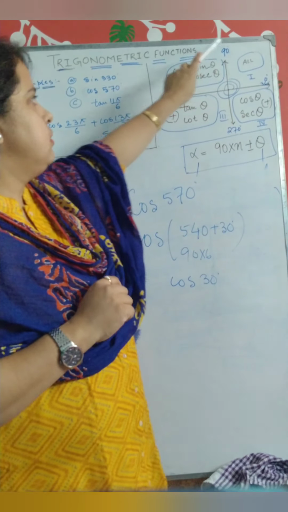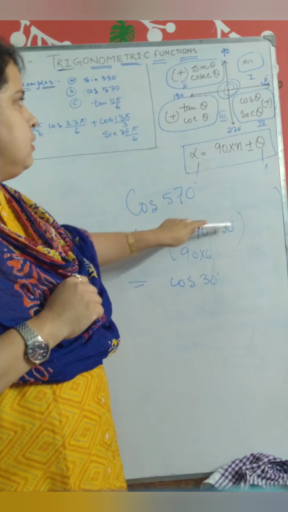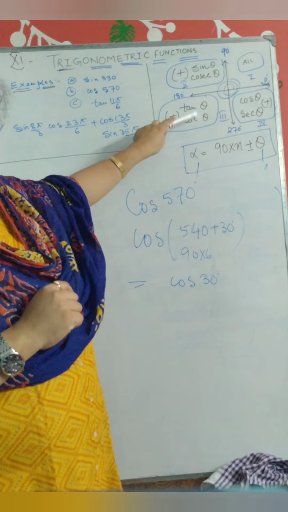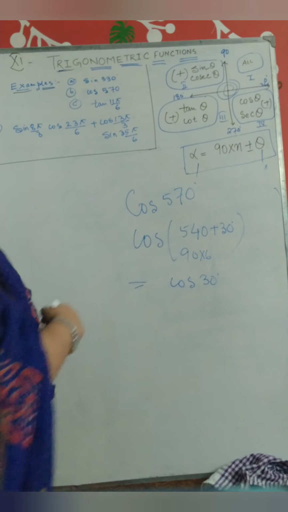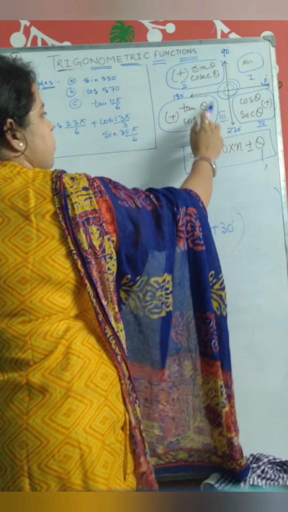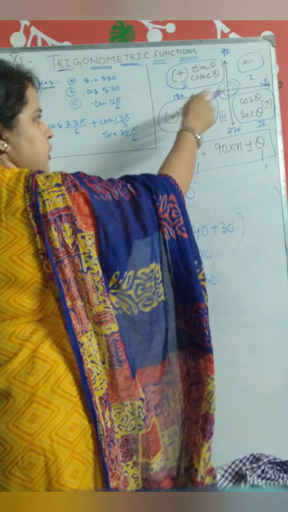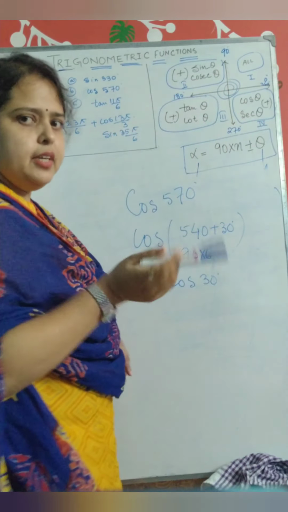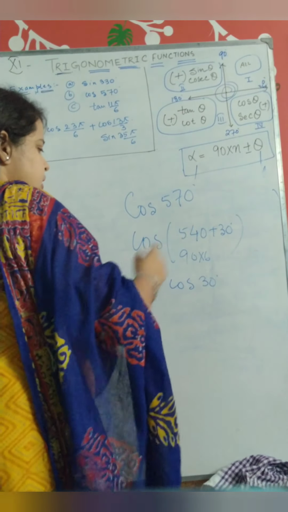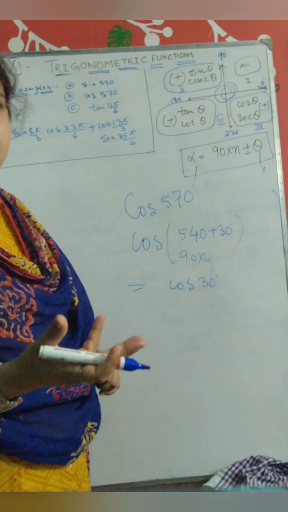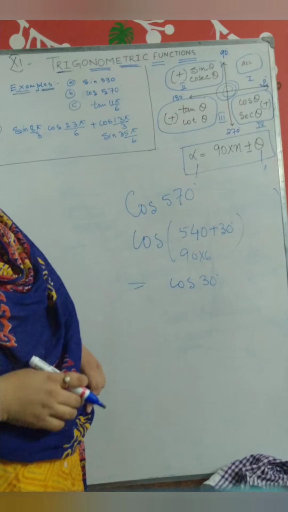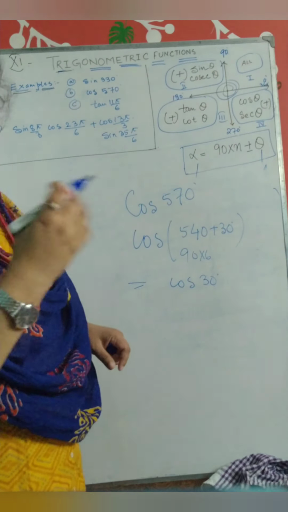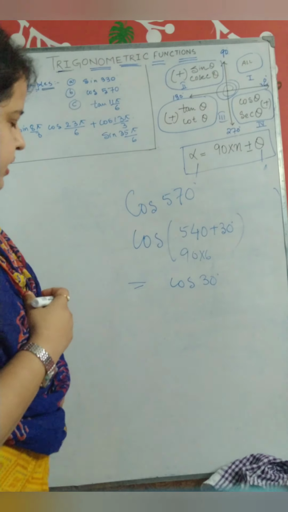Then this plus 30. So which one? Third. Okay. That is 1, 2, 3, 4, 5, 6 plus 30. Okay. So by more practice, you need not calculate 1, 2, 3, 4. You will be able to do it because you will have a very great idea of calculating it.